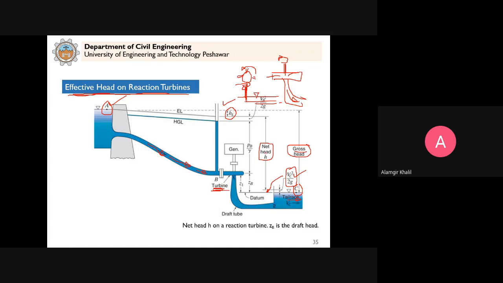So the net head is just from here to here. It is less than the gross head. How much? By this HL and by this small velocity head Vc square by 2g.